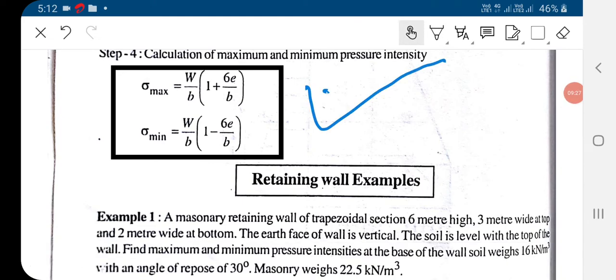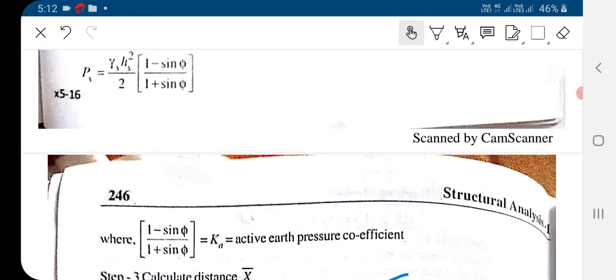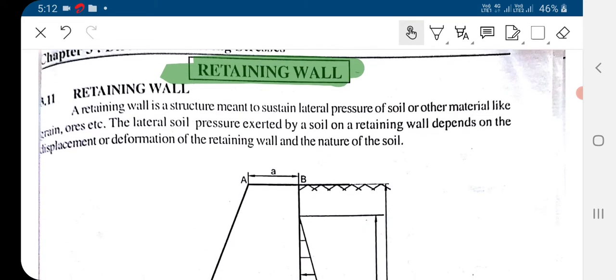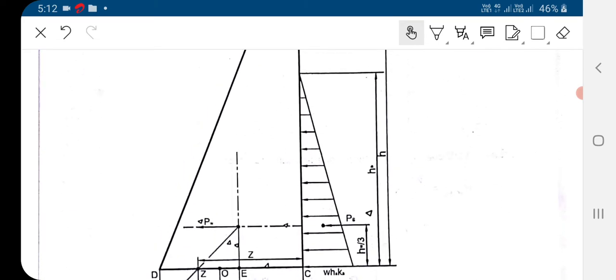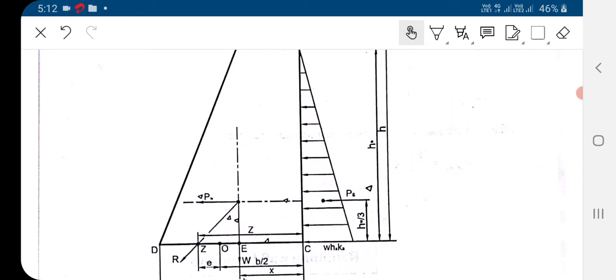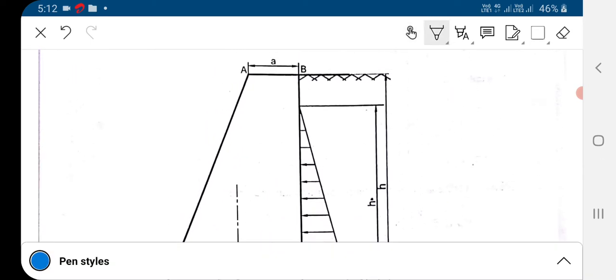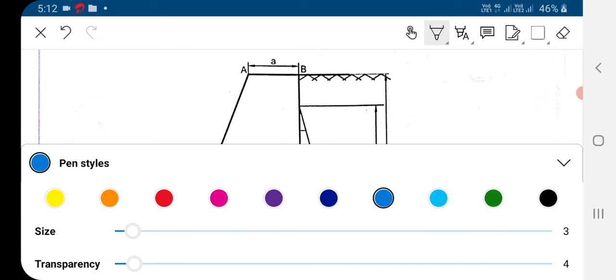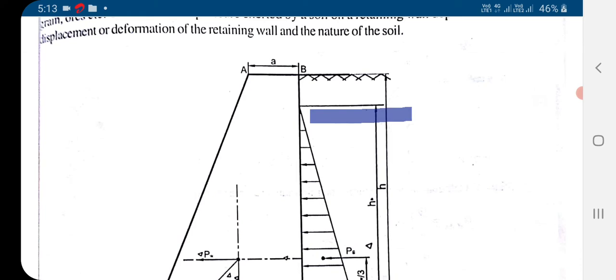Okay, so again we'll see this figure, what is given and how to represent it. In this figure, up to this height the soil is acting.